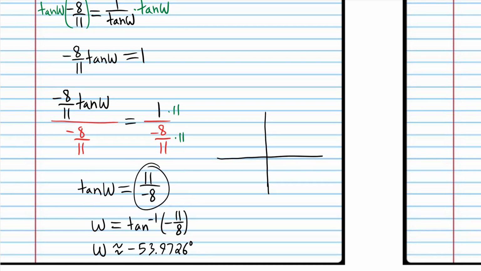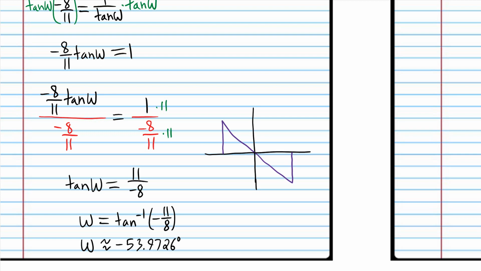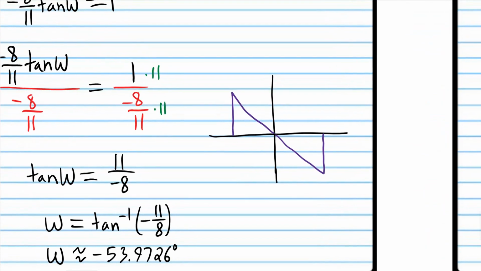Tangent is negative. So if it's negative, then that means that the reference triangles have to be in the second quadrant and the fourth quadrant. And the reference angles are all 53.97. We can just round off to 53.97.